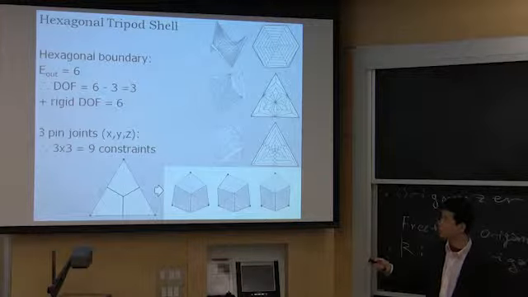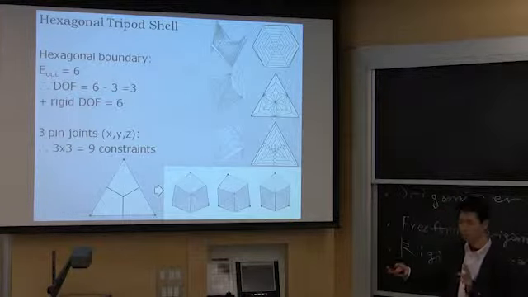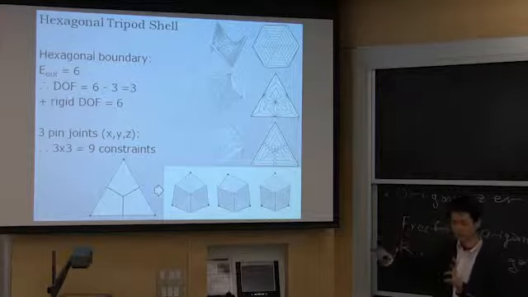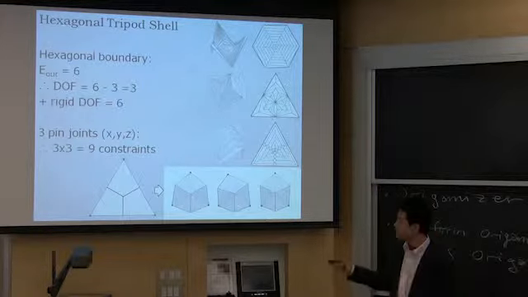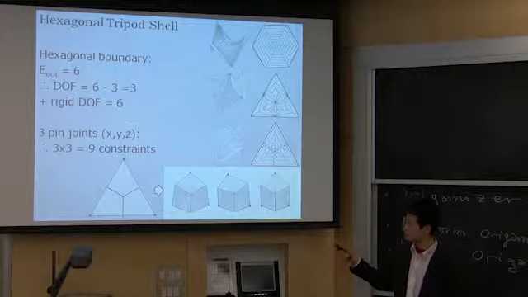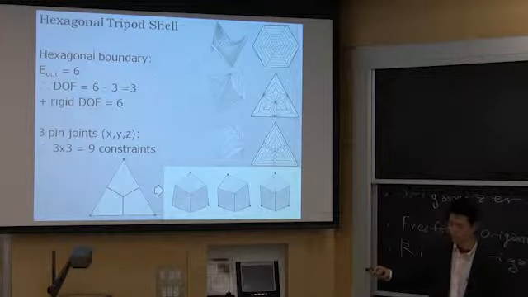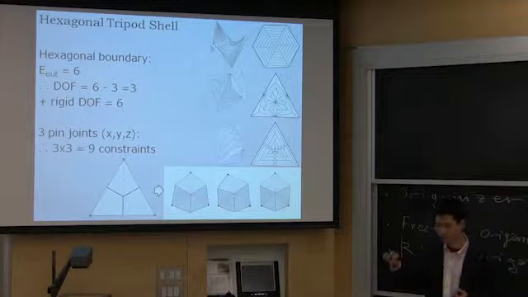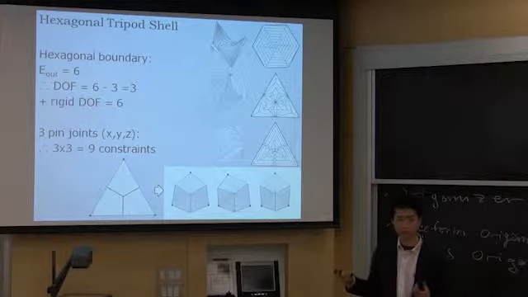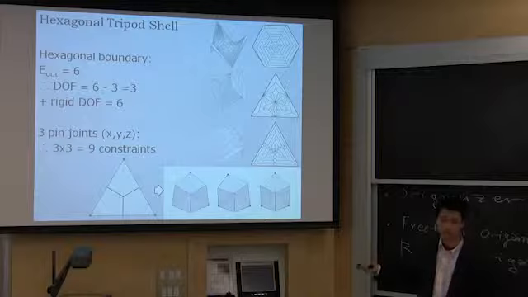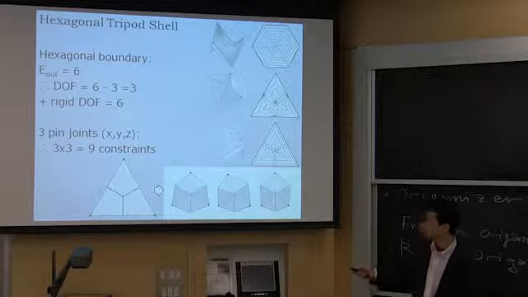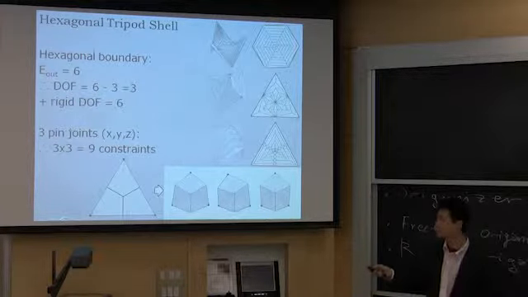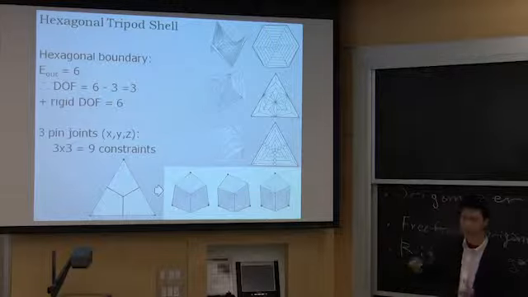And because of the rigid body degree of freedom, which is 6, we have 9 degrees of freedom of transformation, and that is constrained by 9, so it produces a static structure. And by changing the position of these points, you can get different forms.